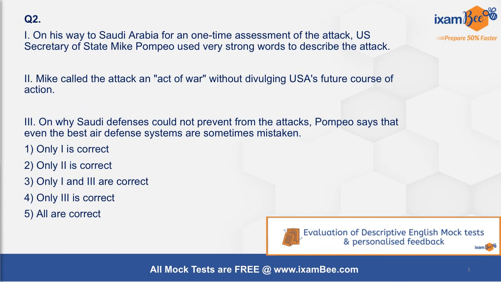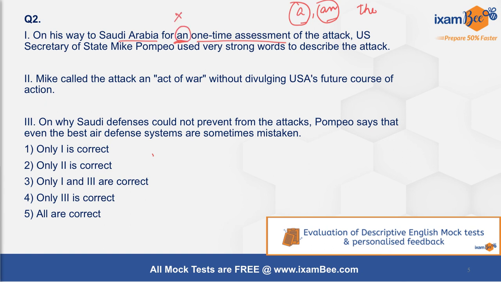Here, the first sentence is: on his way to Saudi Arabia for an one time assessment. So, if you know about the articles a, an, and the, then you will easily make out that here this an is not correct. Why?